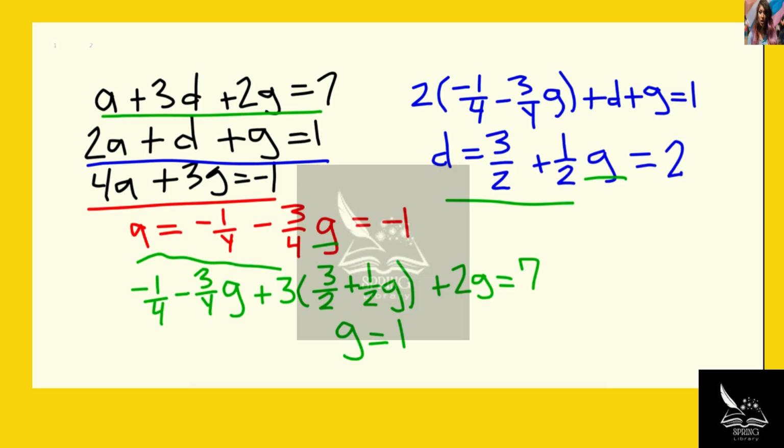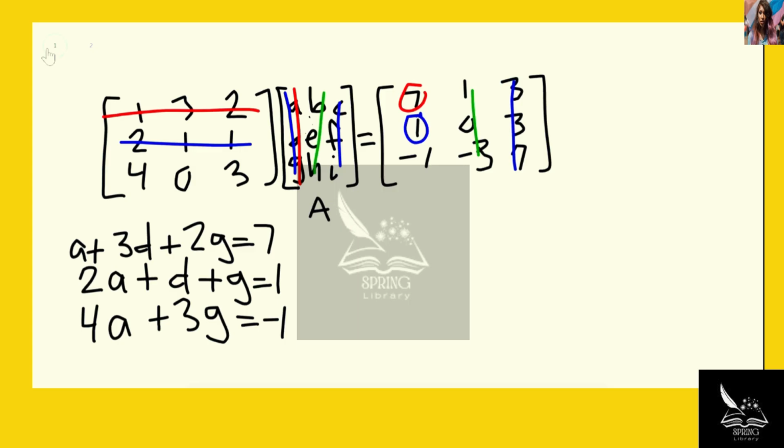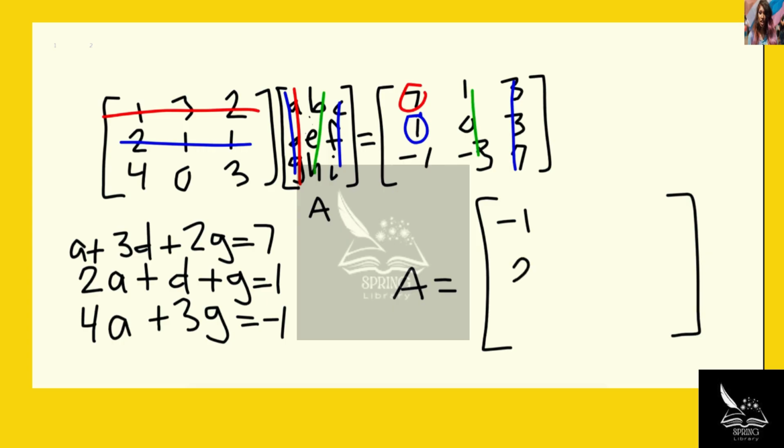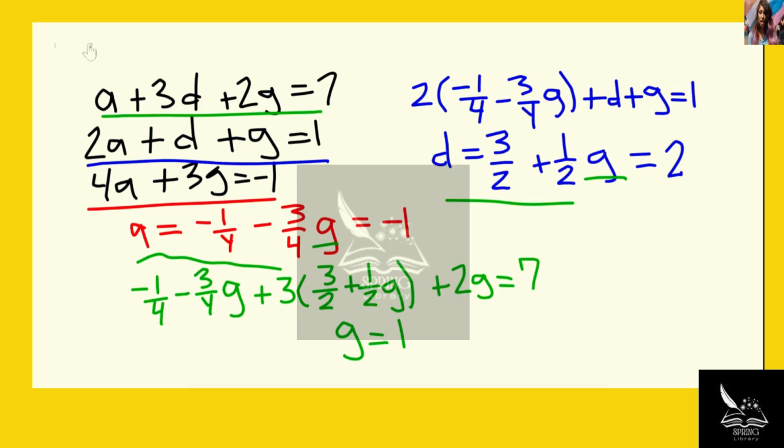Okay, so if we go back to our A matrix here, where we had A is equal to this A, B, C, D, E, F, G, H, I, well, then we've figured out that A is equal to -1, D was equal to 2, and G was equal to 1, right? So we have one column. So then we can repeat this process, right?